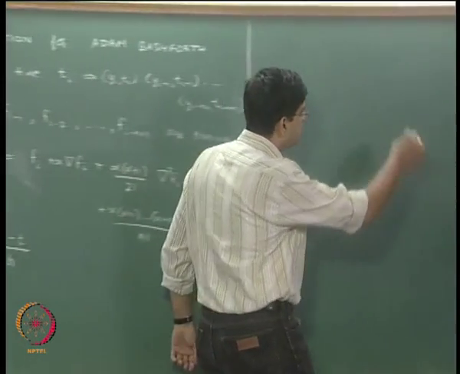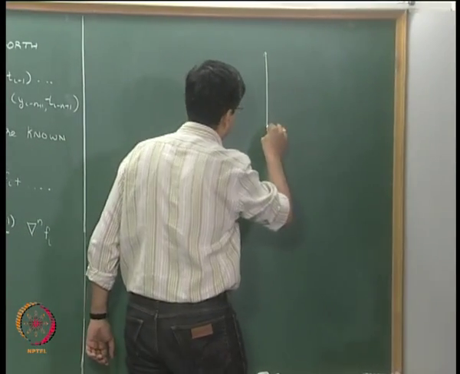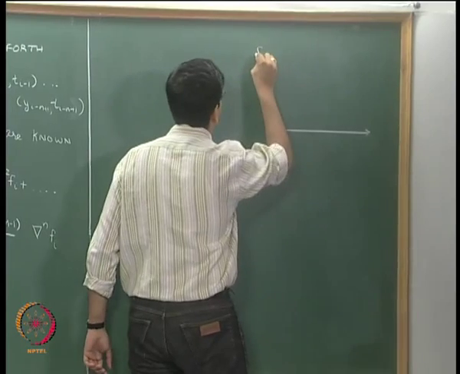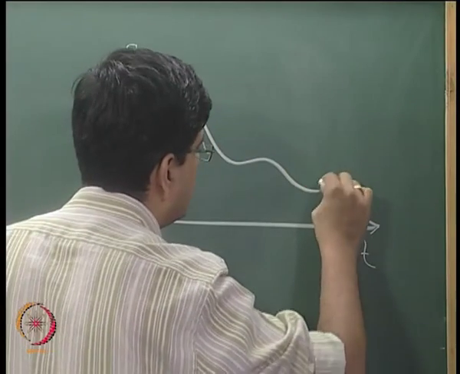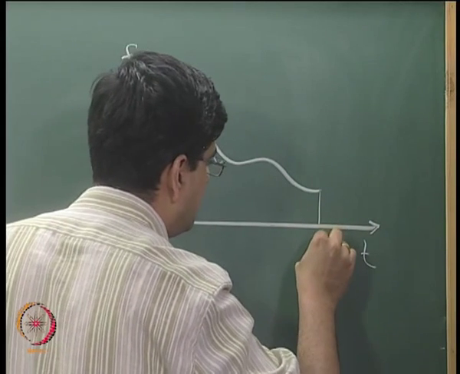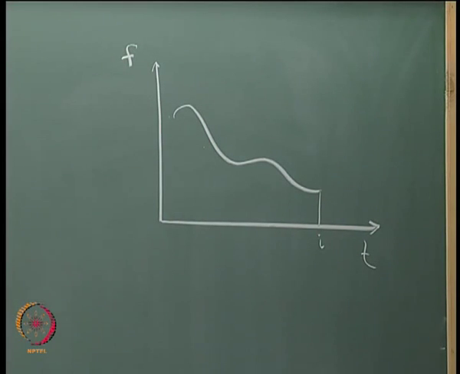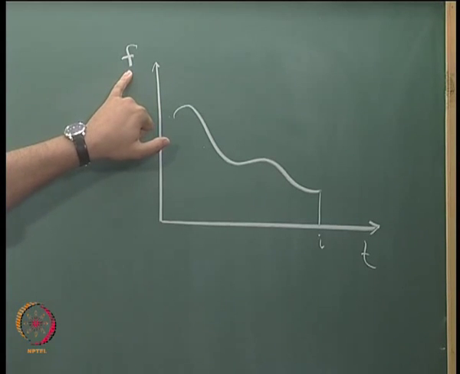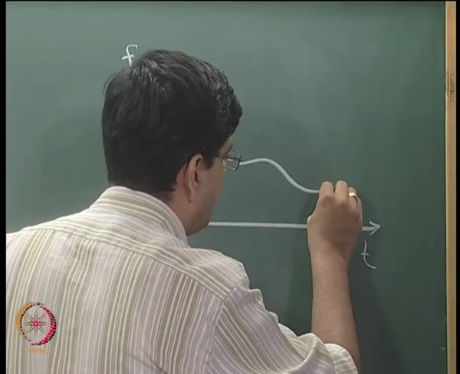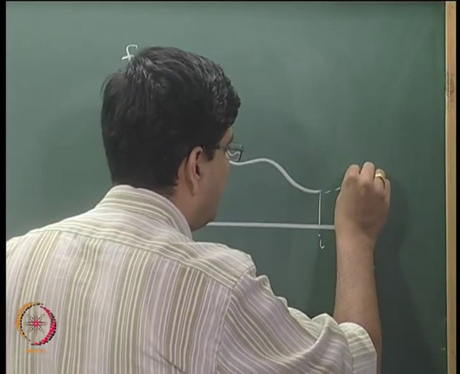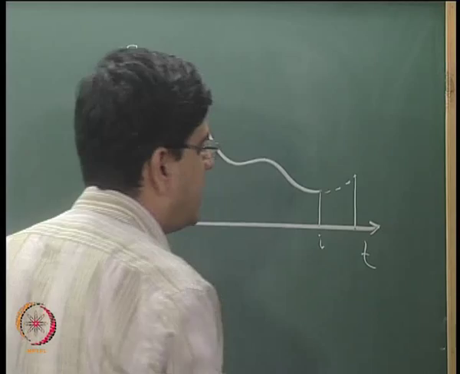So, if I plot f versus t, I have this particular polynomial up to the location i. Keep in mind here I am plotting f and not y. What we will assume is we will extrapolate this particular polynomial for the region between i and i+1.